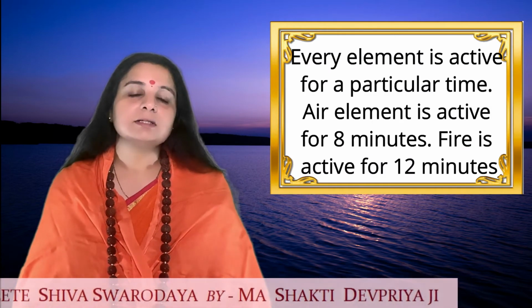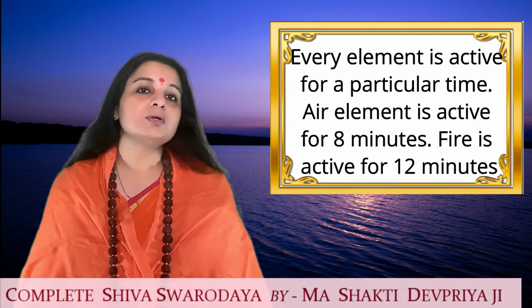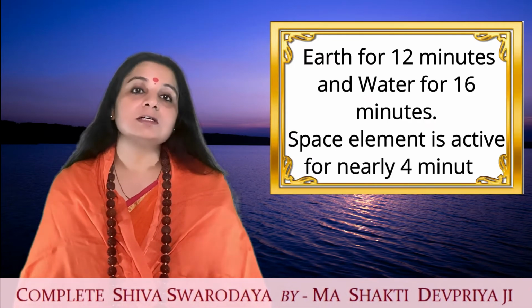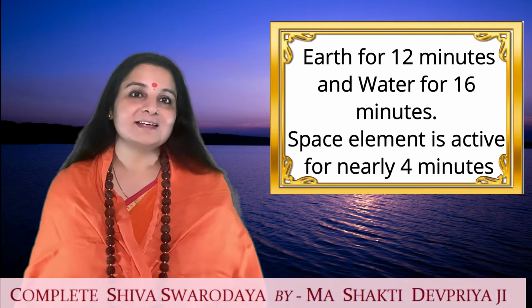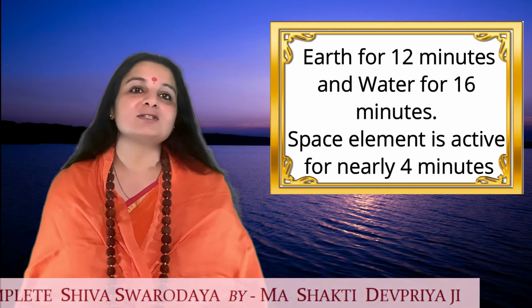The space element that is active during the crossover of the swar is active for nearly 4 minutes. So it is whole 60 minutes: 8 plus 12 plus 20 plus 16 plus 4 minutes. In the verse, Akash Tattva is not mentioned, as it does not arise in either of the nadis.